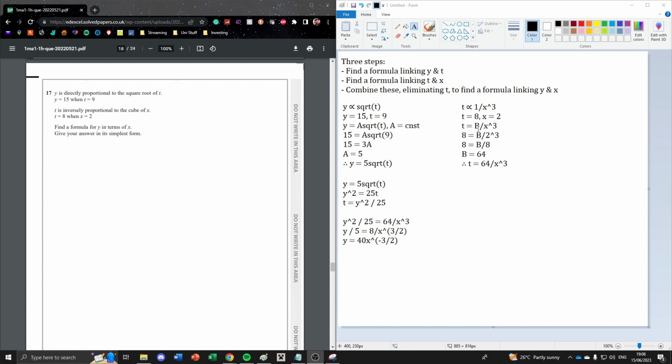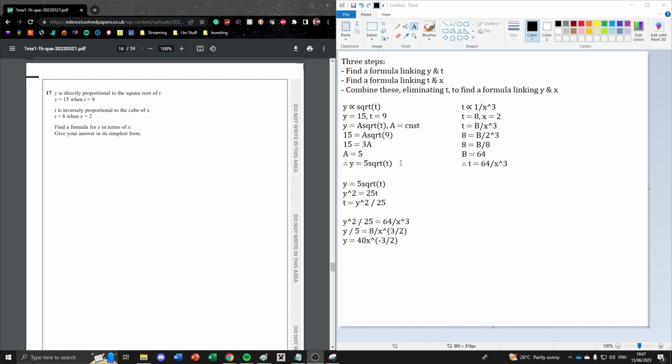It could be 1, in which case it doesn't really matter, but there could also be some non-1 constant, and so we have t equals b divided by x cubed. Substituting our values in, we have 8 is equal to b divided by 2 to the power of 3. Of course, 2 to the power of 3 is just 8, so we have 8 equals b divided by 8. And then if we multiply both sides of this equation by 8, we end up with b is equal to 64. And so our equation becomes t equals 64 divided by x cubed.